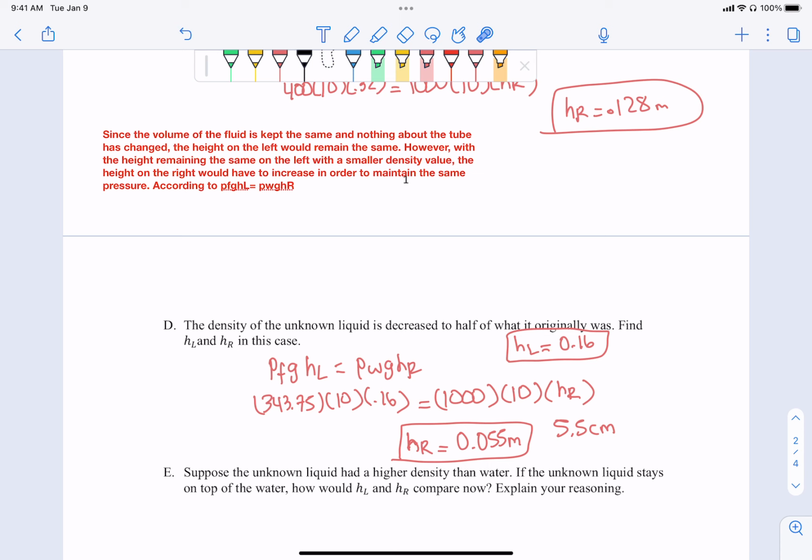Yeah, it's a direct relationship. If you multiply the density by 1/2, you should multiply the height on the right by 1/2 as well. But yeah, hopefully that makes sense for part D. Any questions at all?